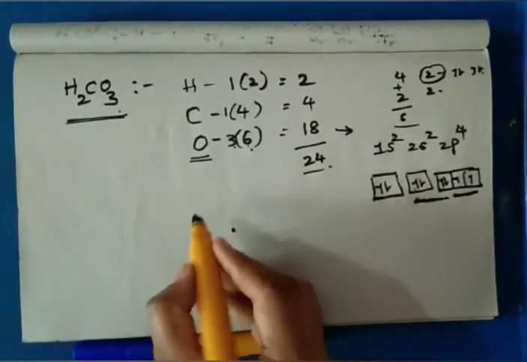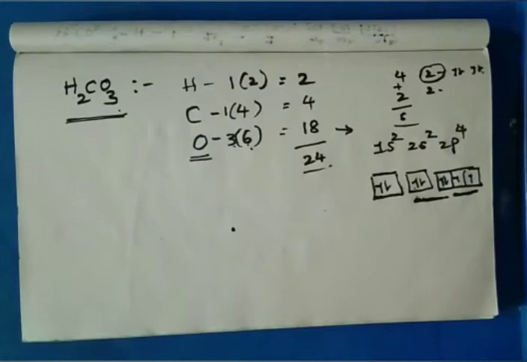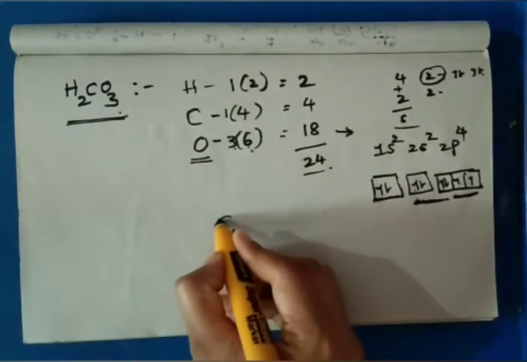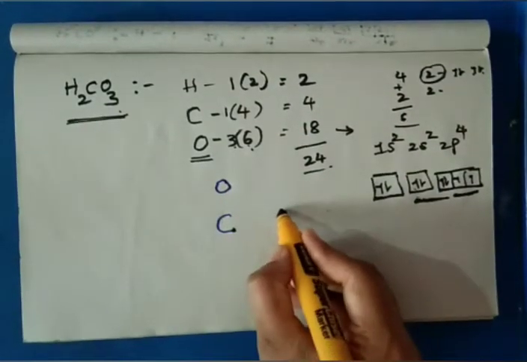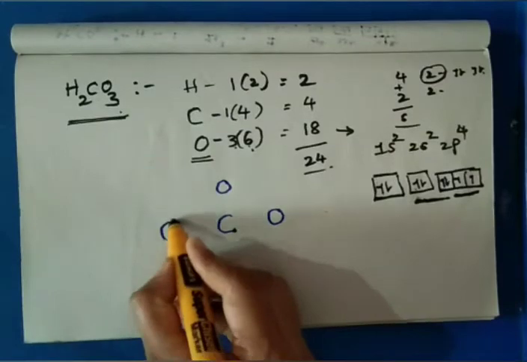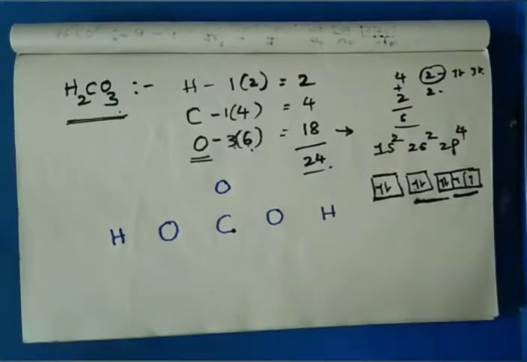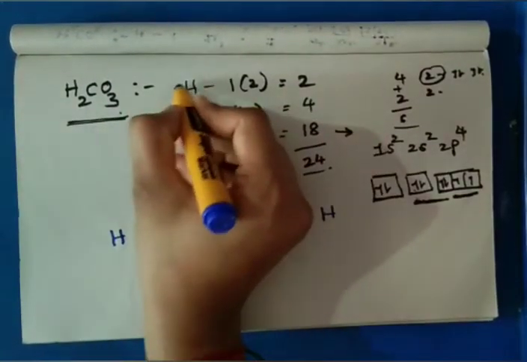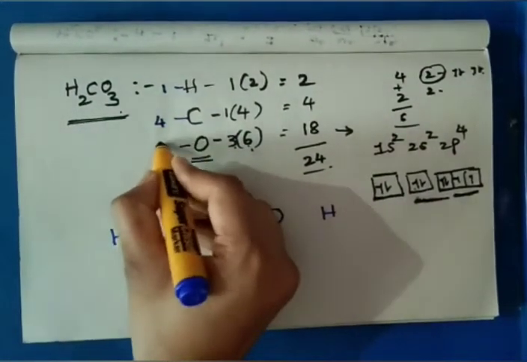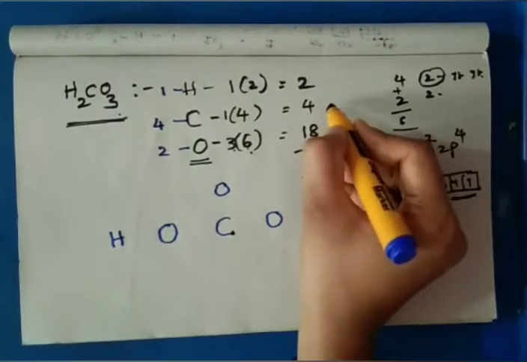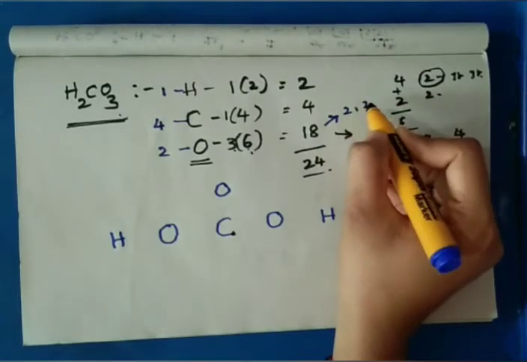Carbon is the main atom, with three oxygens and 2 hydrogens around it. We already discussed that hydrogen has valency 1, carbon 4, and oxygen 2. Oxygen shows 2 lone pairs and 2 single bonds.